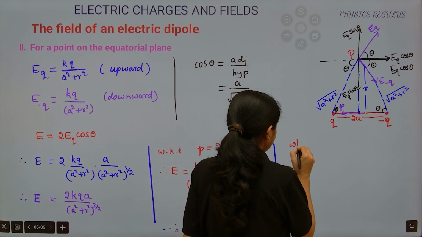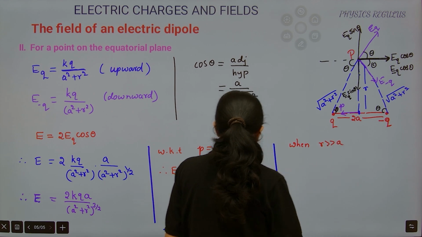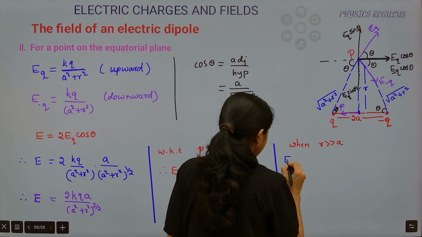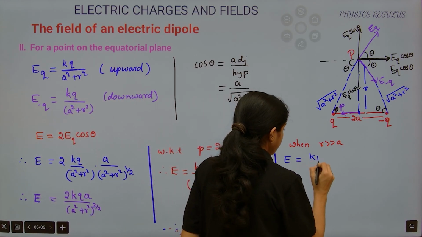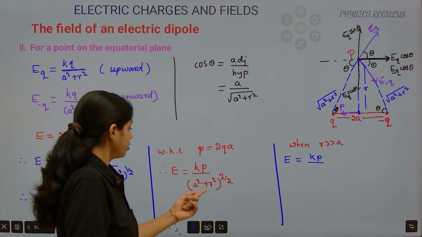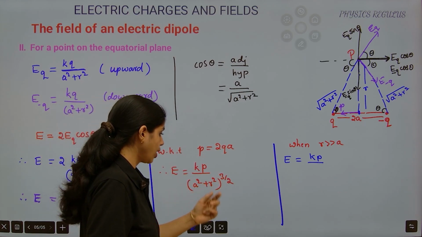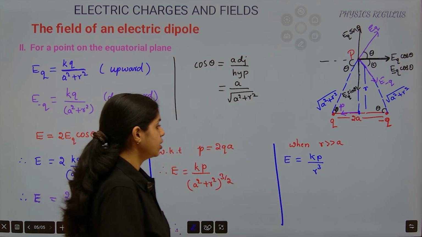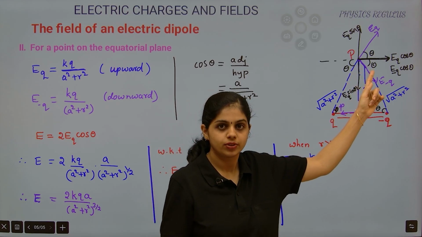Therefore, when r is far greater than a, you will get electric field equal to kp by, if you neglect a square, r square raised to 3 by 2. 2 cancels, you will get r cube in the denominator. This is magnitude of electric field at point P on the equatorial plane of the dipole.